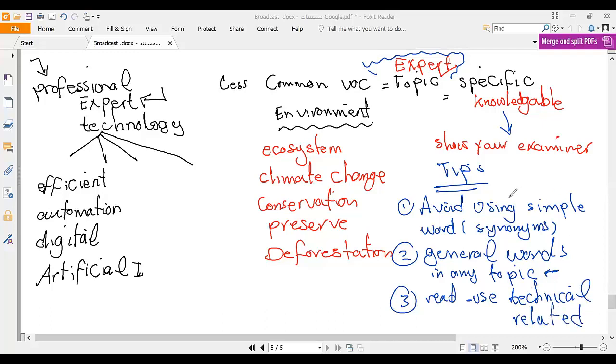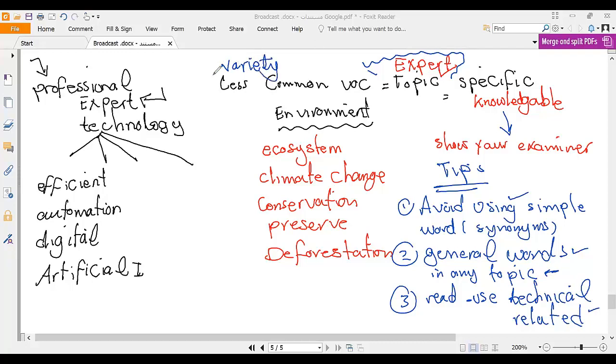If you avoid using simple words, avoid using general words, are specific, and use some technical terms and related vocabulary, then you are an expert and you will get the 4 marks for the less common vocabulary, or in terms of language, or let's say variety of vocabulary.